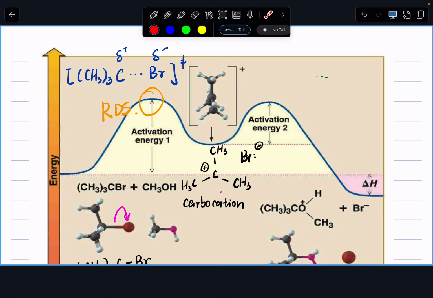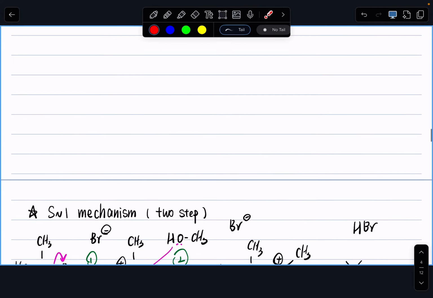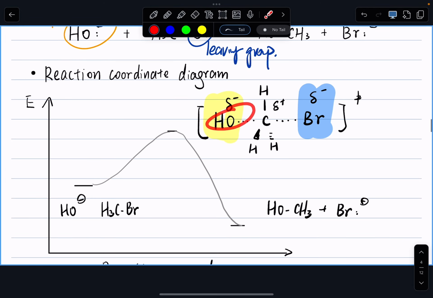SN1 reaction mechanism? Remember, in the SN2 mechanism, we derived that the stereochemistry must be flipped, because your nucleophile approaches the carbon center from the opposite side of the leaving group.